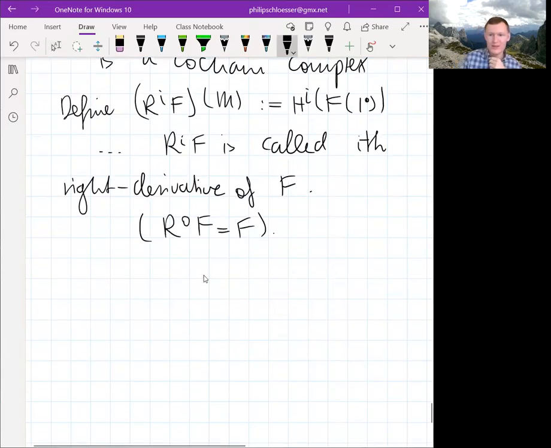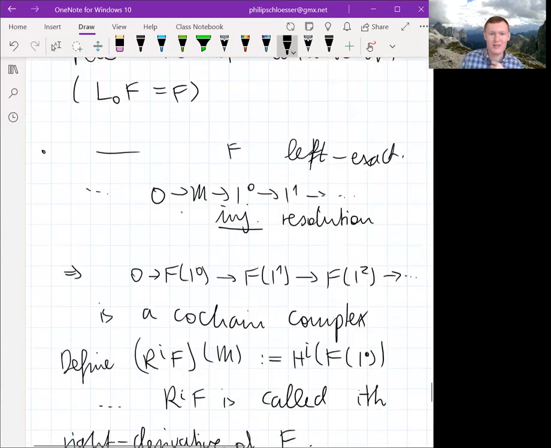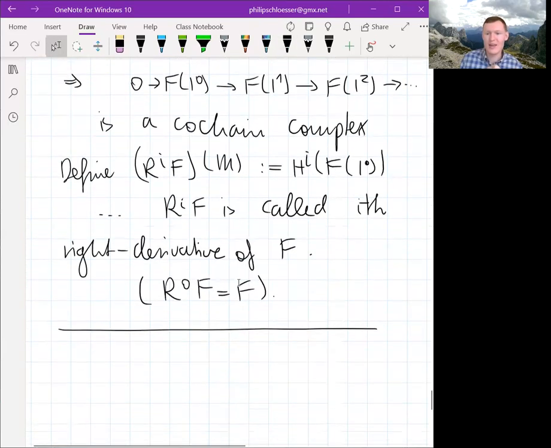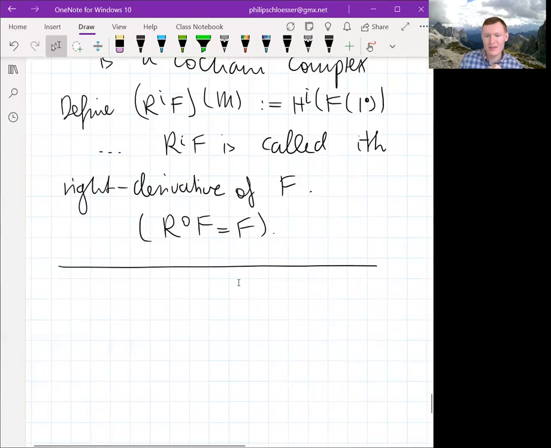I guess the upshot of all of this is that the chain complex and the cochain complex that we constructed has a very interesting long exact sequence.